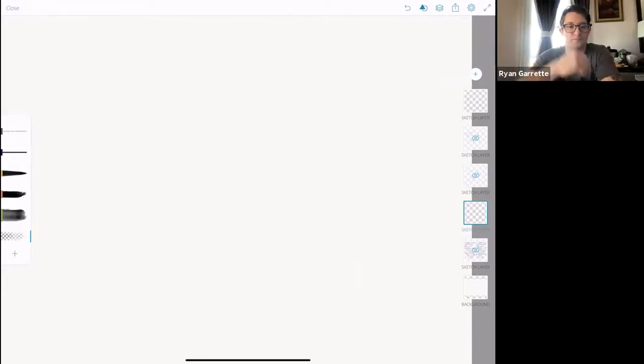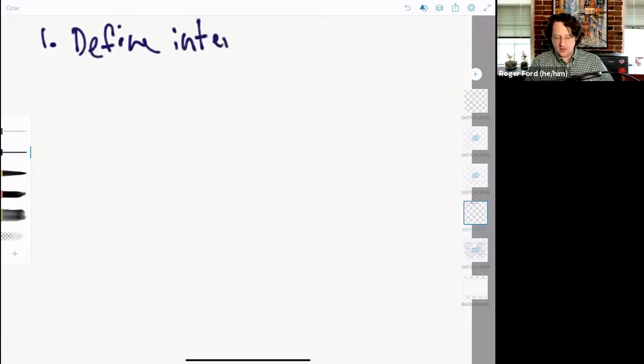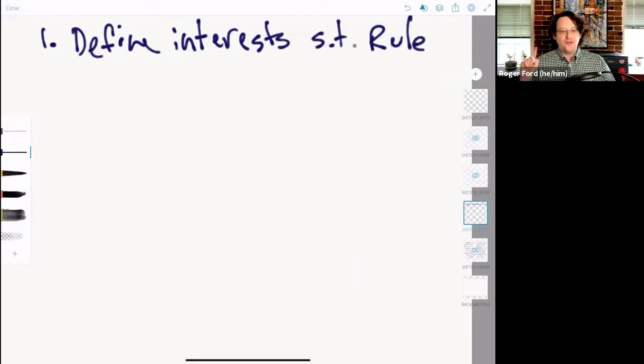So let's look at the 5-step handout, right? So we've got 5 steps here. Step 1 is define the interests subject to the rule, which means step 0 really is we've got to set out our state of title. We have to say what all of the interests are, right?